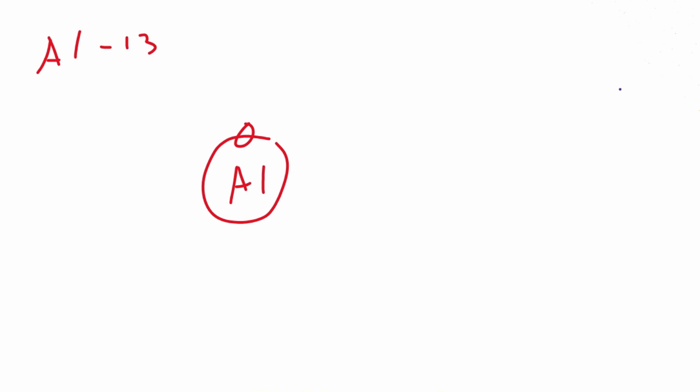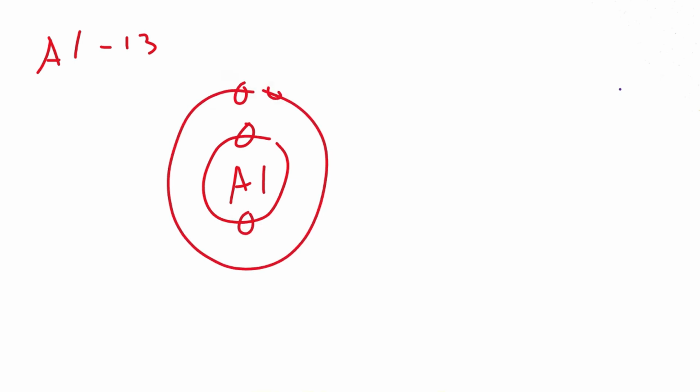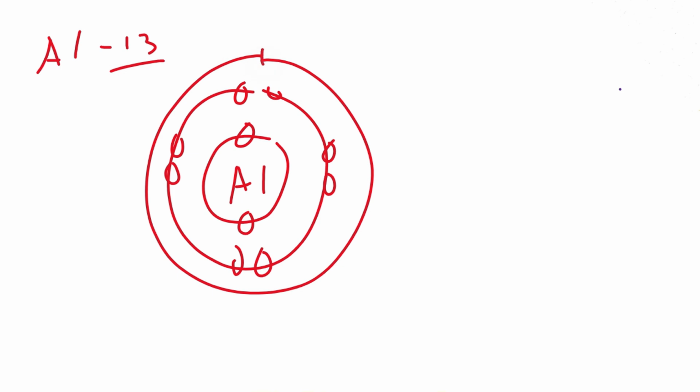So the first shell will have 2 electrons. Second shell will have 8 electrons. I have already added 10 electrons into the shells, which means I will have 3 more electrons, which will move to the third shell. However, this is not what we need.